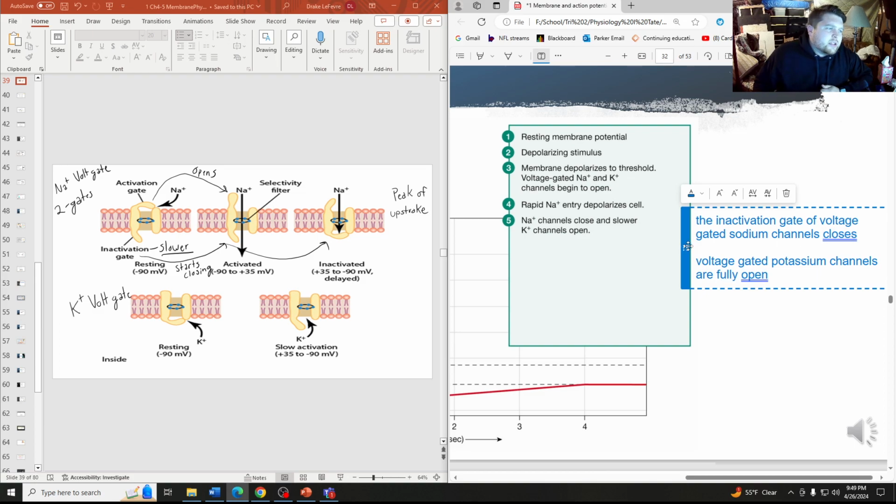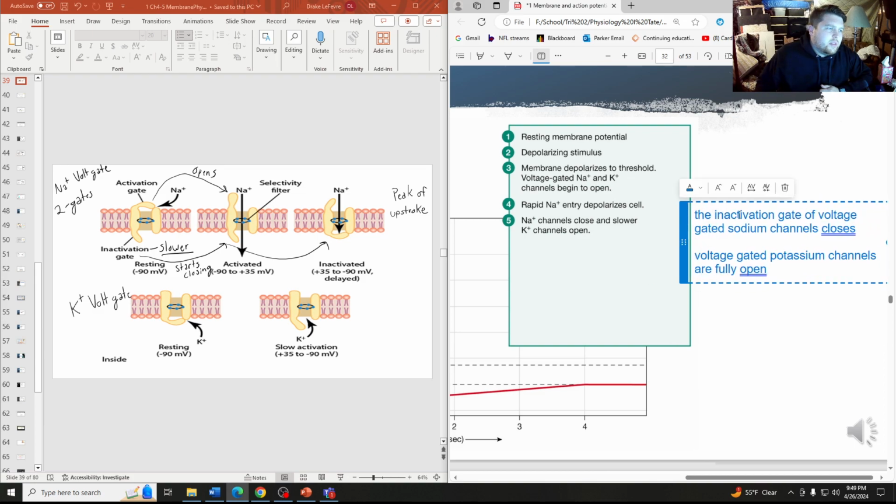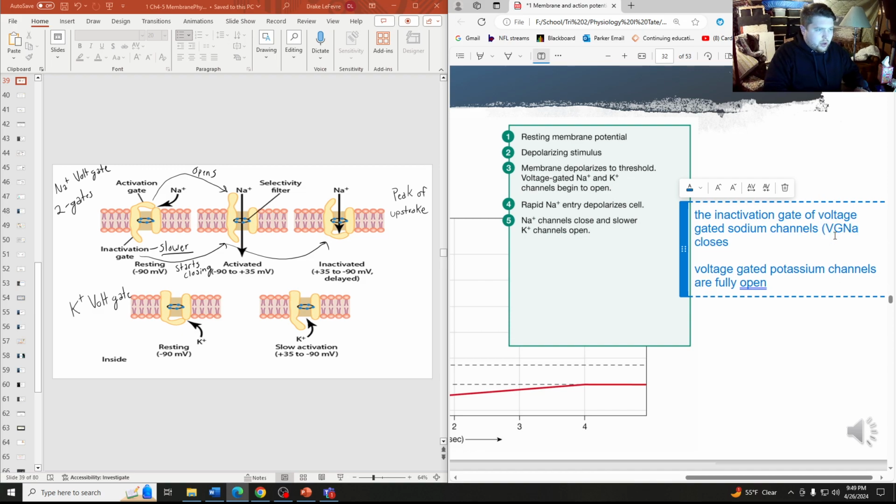I like to write all of this out because it helps keep everything straight, knowing that it's a voltage-gated sodium channel. You can abbreviate this a little bit if you want, to keep it simpler.